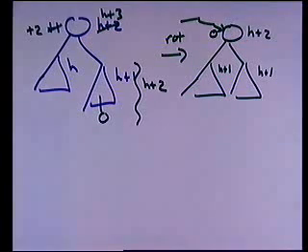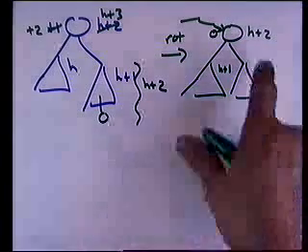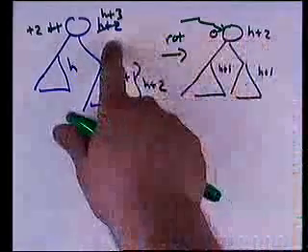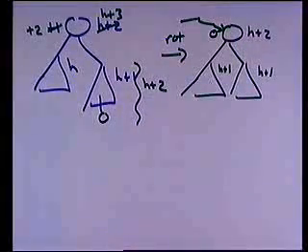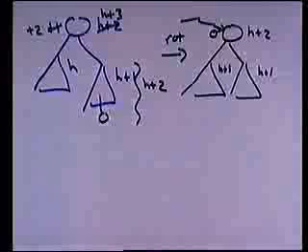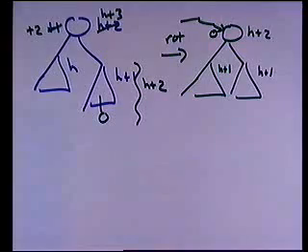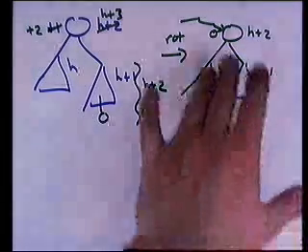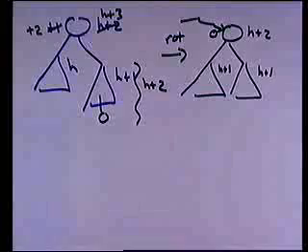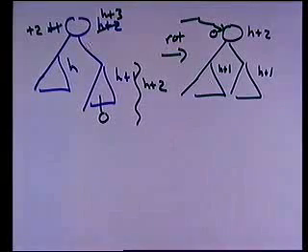After you do a rotation for the first time, the tree itself will be back down to the original height it was before you did the insertion, and therefore the parent would not see any difference. And therefore its parent would not see any difference, and so on and so forth all the way up. So locally you repair this tree, but there won't be any need to repair anything any higher. That'll always be the case for an insert.